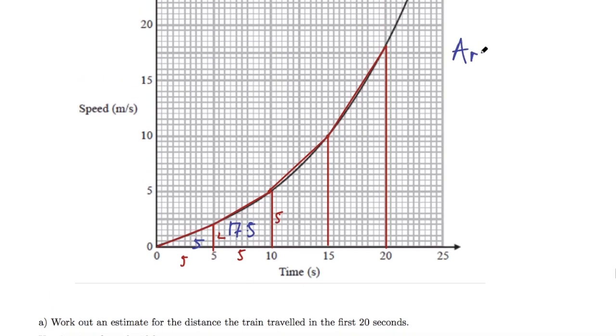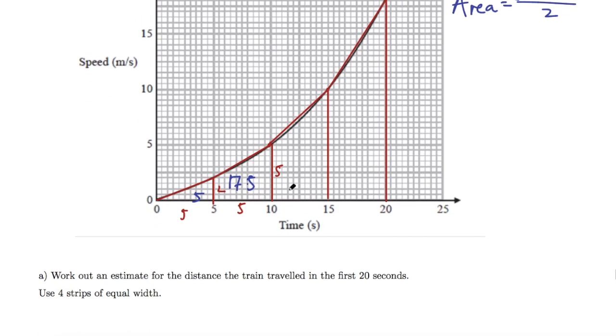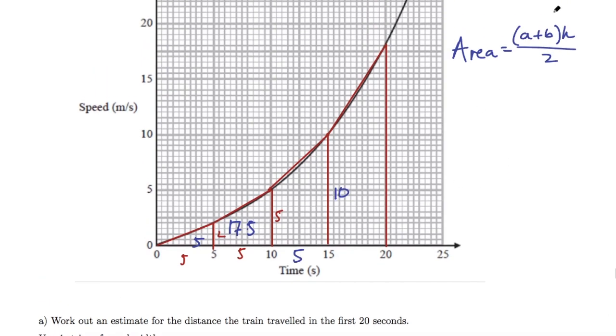So the area of a trapezium is equal to the top plus the bottom multiplied by height divided by 2. That's what I'm using to find these areas. The next one, the top is 5 and the bottom is 10 and the height is 5. So if I put those values into this formula, for an area I get 37.5.